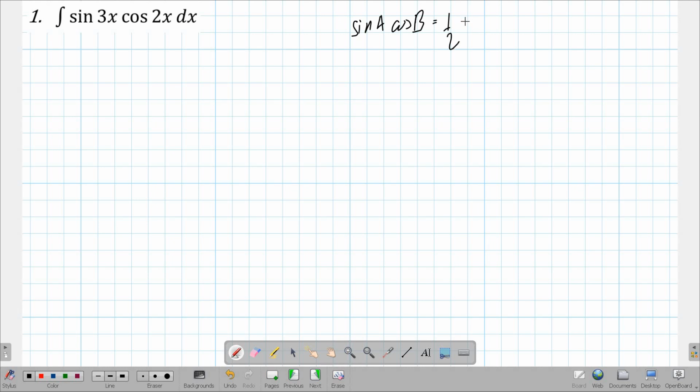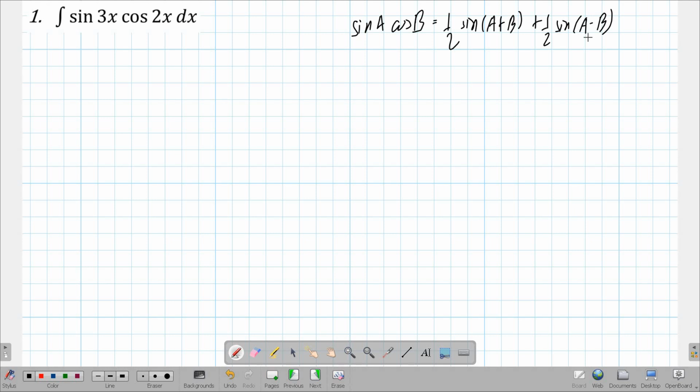1/2 sine of A plus B plus 1/2 sine of A minus B. You can write the 1/2 as a factor here, but I'm going to write it together. It's easier for us to have it this way.